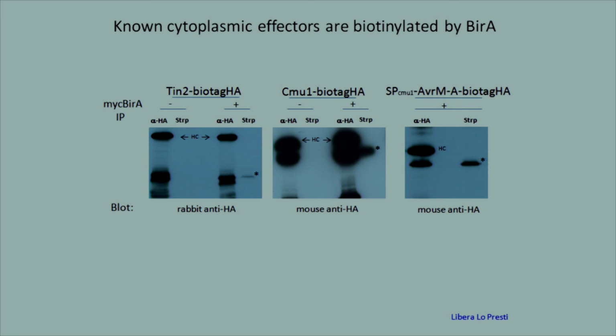And we infect plants which lack the biotin ligase, and you don't see any biotinylation. However, if we take plants that have the biotin ligase and infect them with the fungus secreting the biotagged TIN2, you get a biotinylated version that is a transferred version.